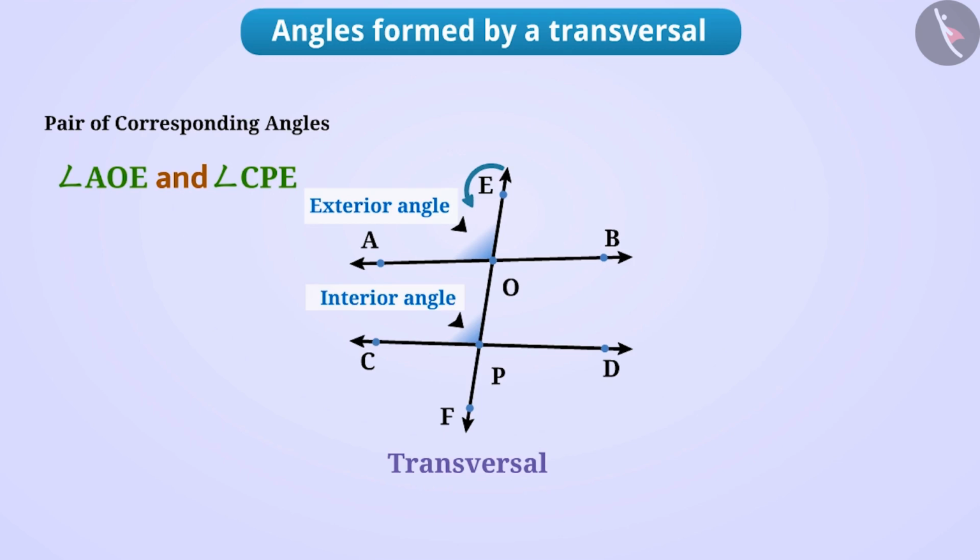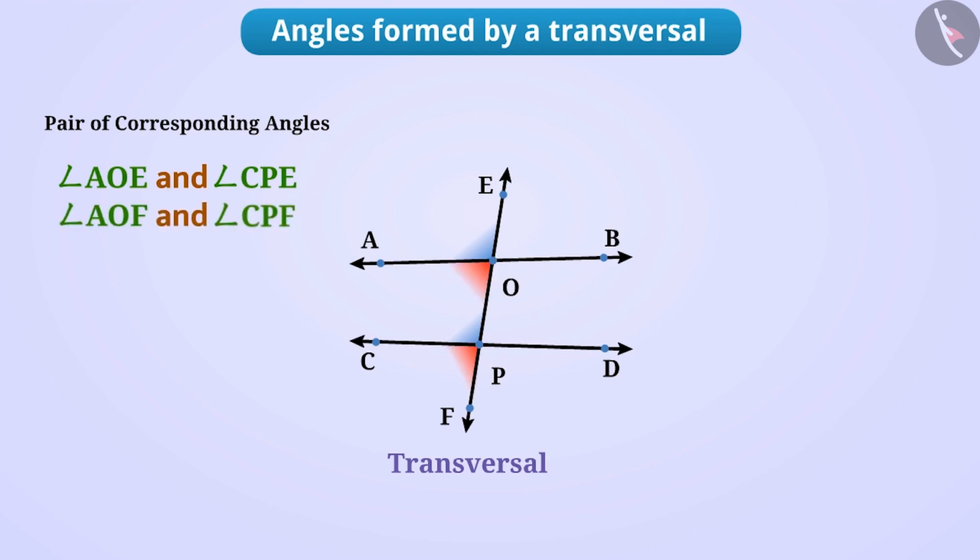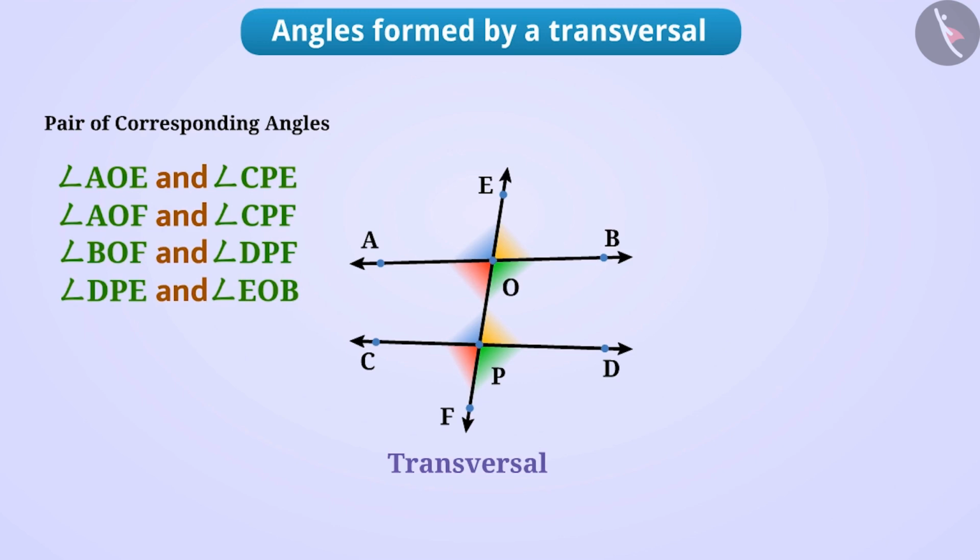Always keep in mind that the corresponding angles are formed at the corresponding positions of two lines, like above and below or left and right. With this understanding, we can obtain some more pairs of corresponding angles, angle AOF and angle CPF, angle BOF and angle DPF, angle DPE and angle EOB.